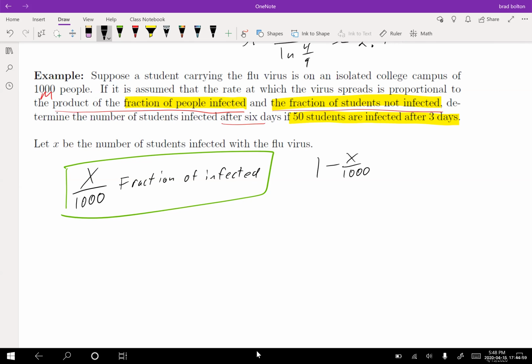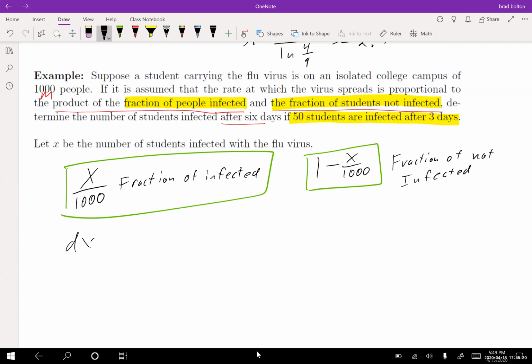So this is the fraction of not infected, 1 minus whatever X over 1,000 was. And they want us to do a product now, right? So this is the product. The virus spreads is proportional to the product of the fraction of people infected and the fraction of students not infected.